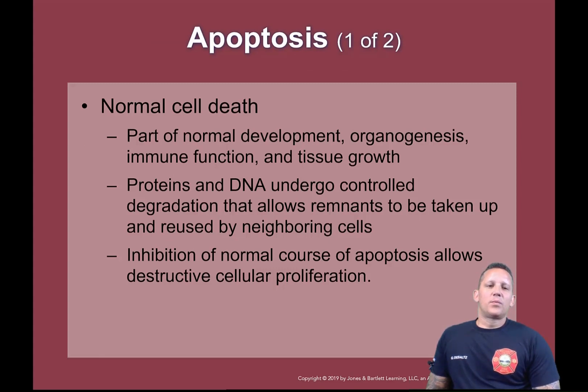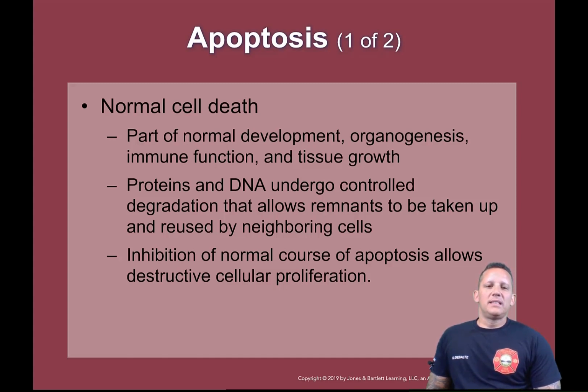Apoptosis is normal cell death. It's part of the normal development, organogenesis, immune function, and tissue growth. So as things age, there's a certain time frame on that cell. It's going to divide, and ultimately the original cell is going to die.